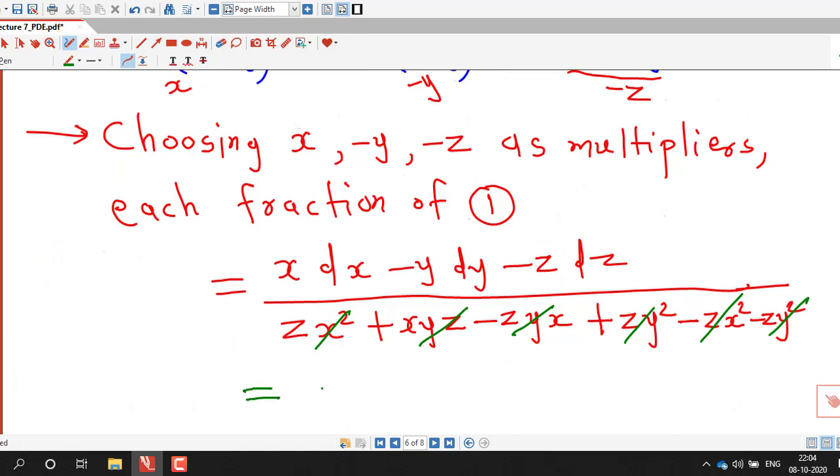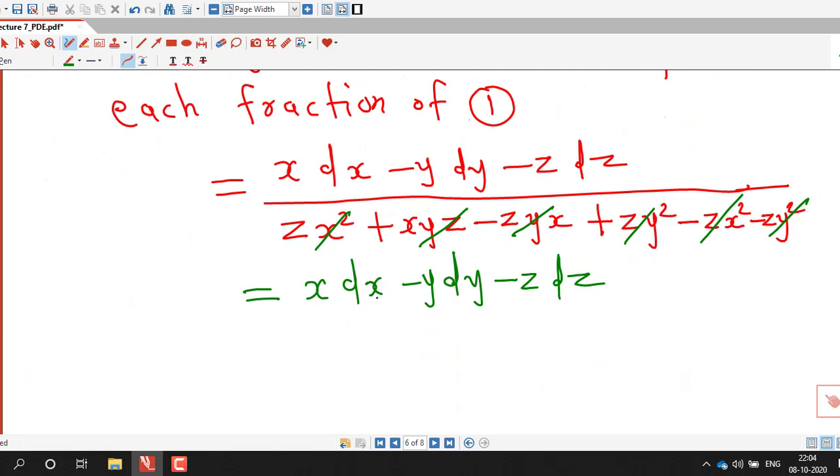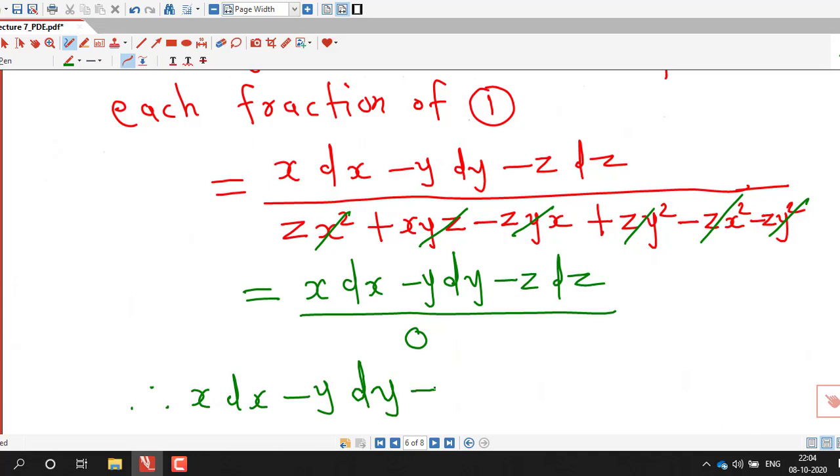So this says that we obtain 0 in the denominator. So from this, x into dx minus y into dy minus z into dz divided by 0. Therefore x into dx minus y into dy minus z into dz must be equal to 0.